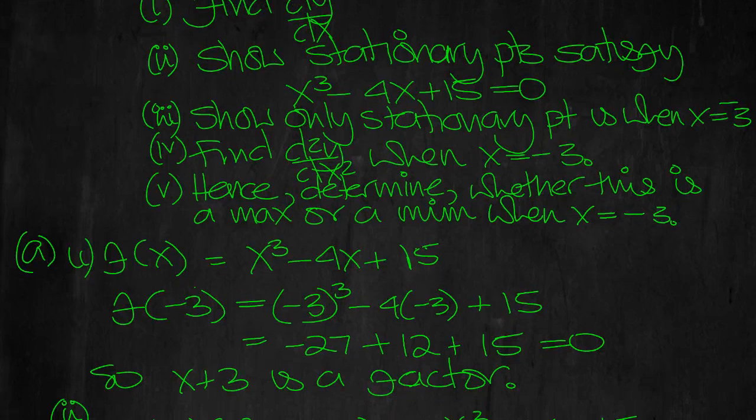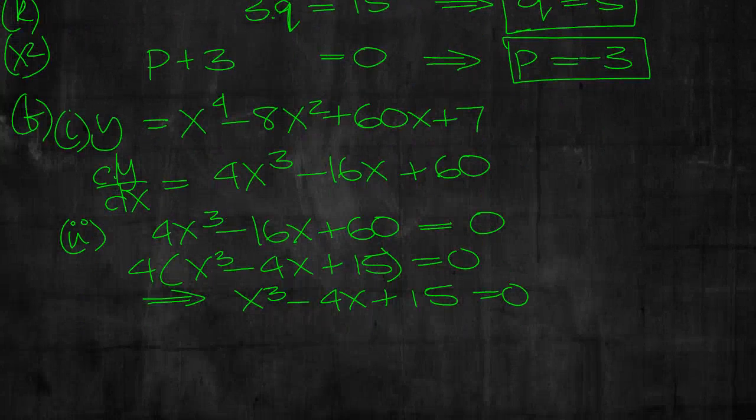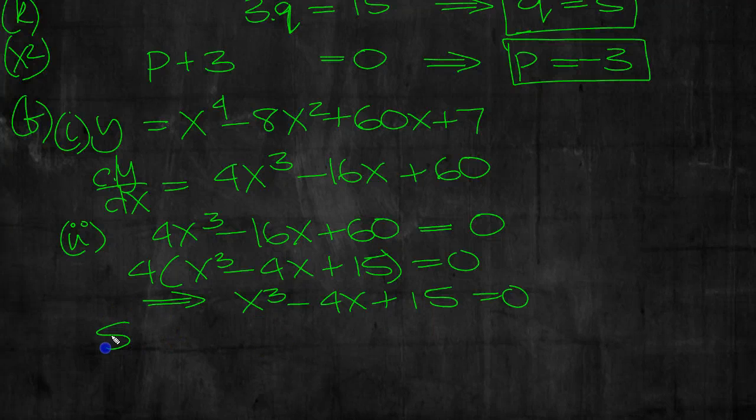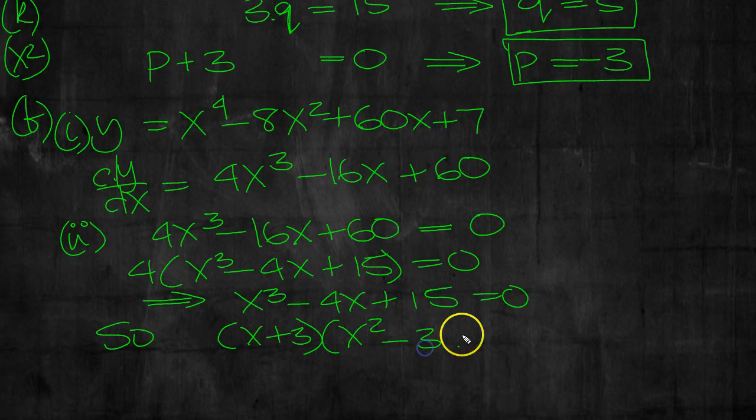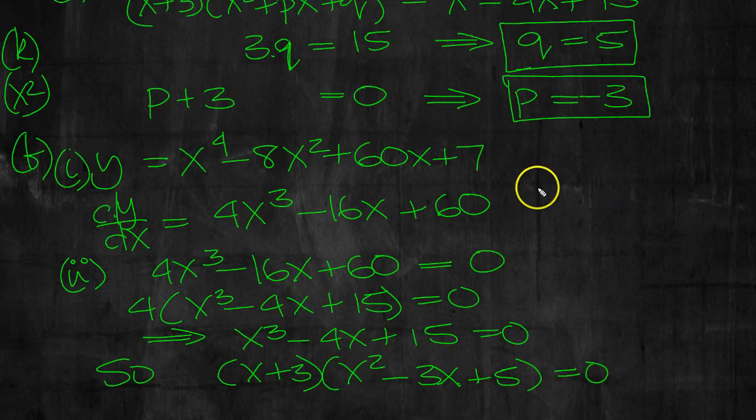Okay, so we've got the stationary points then. Show that the only stationary point is when x equals minus 3. So we've got x plus 3 times x squared plus px plus q. From up here, p is minus 3 and q is 5, from before.